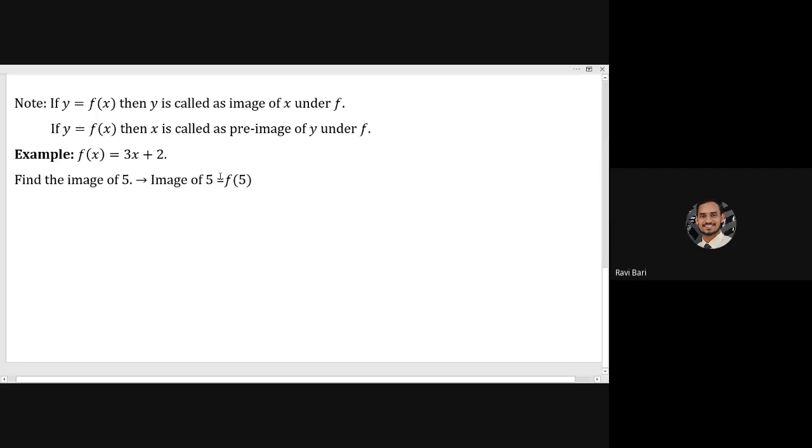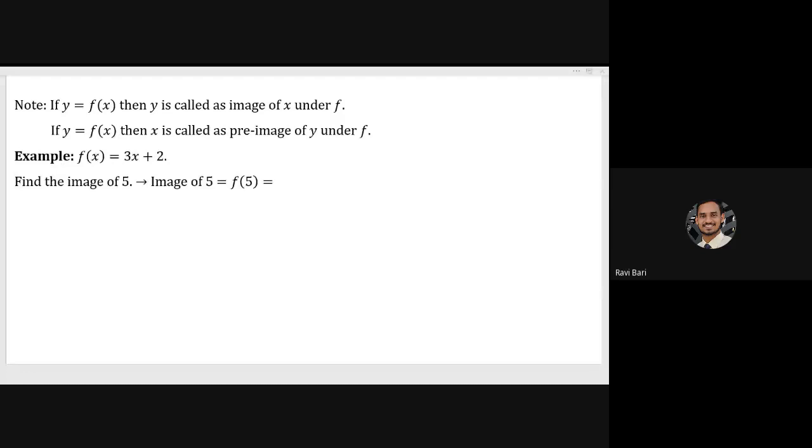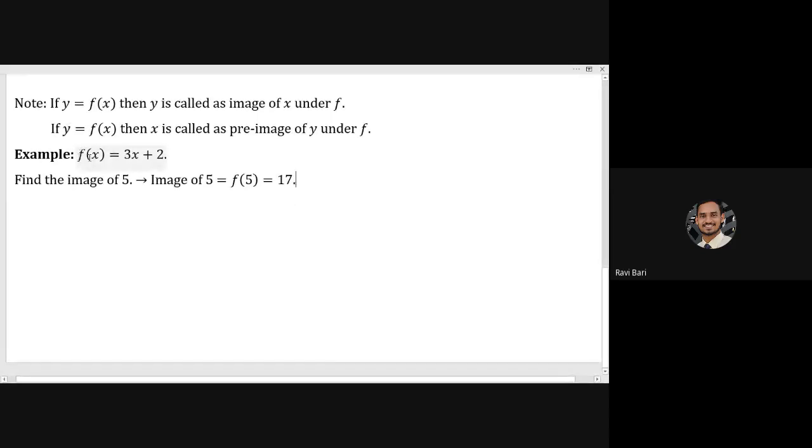This will be the image of 5. Tell me what is f of 5? Very good. So it is 17. That means image of 5 under this function f is 17.